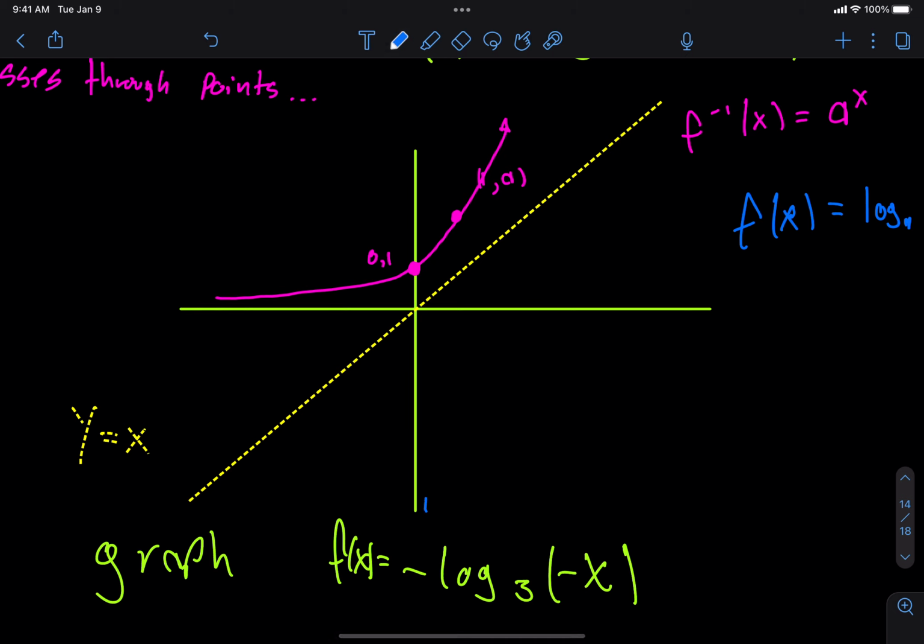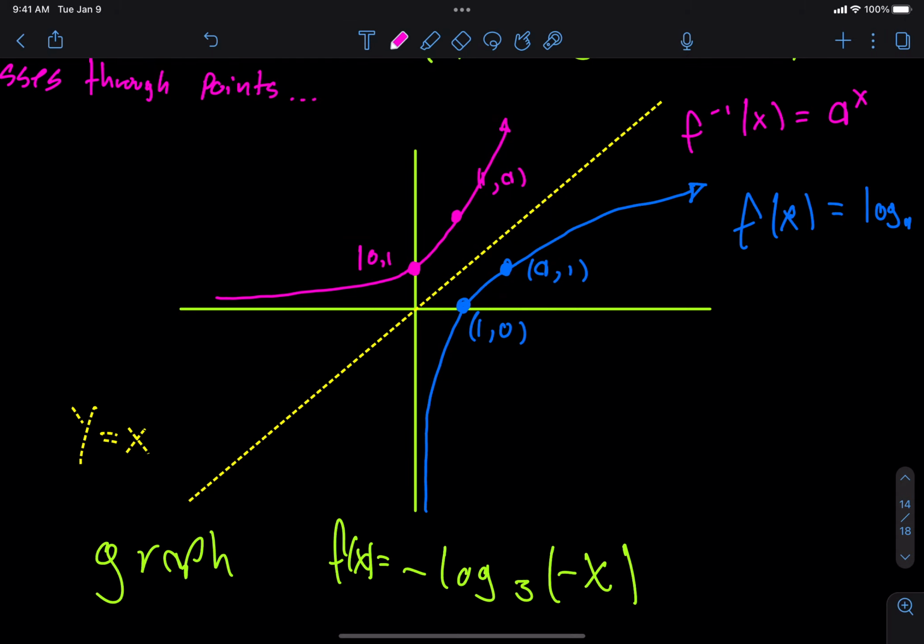So our function is going to look something like this. Okay? And it passes through the point 1, 0 and the point a, 1. So this point, we just reverse the coordinates of the other points.